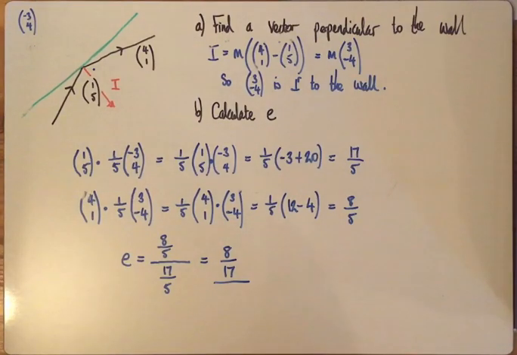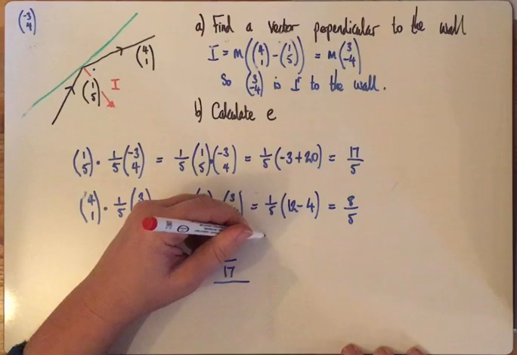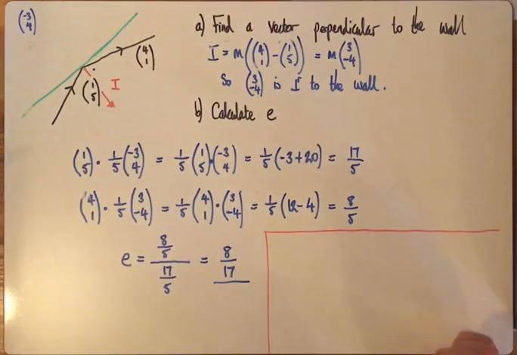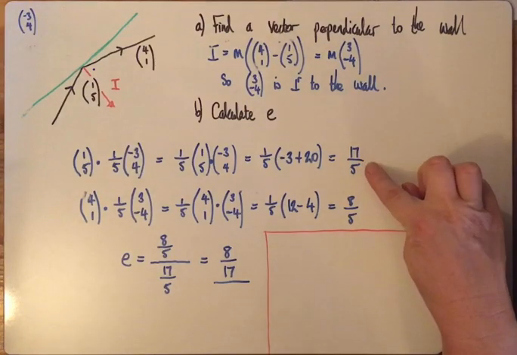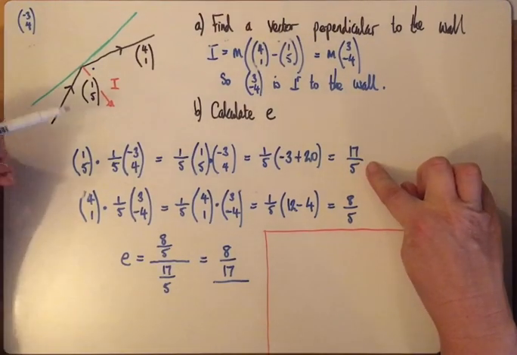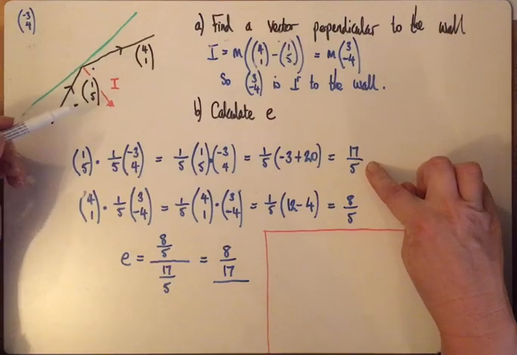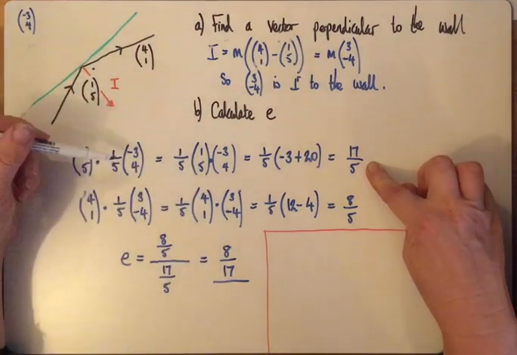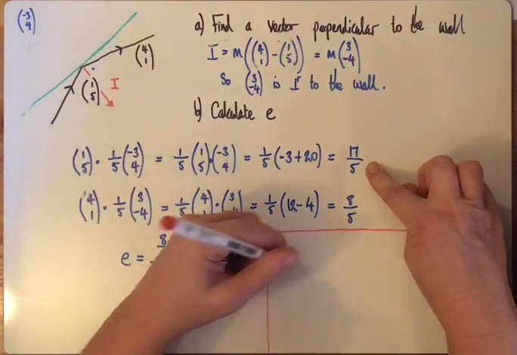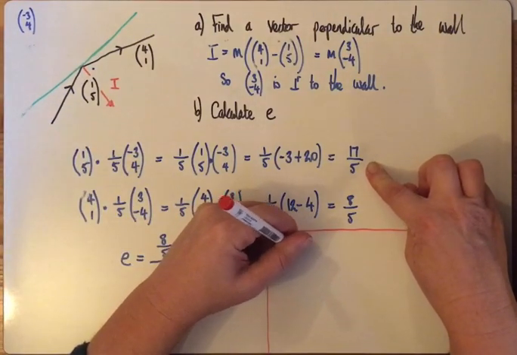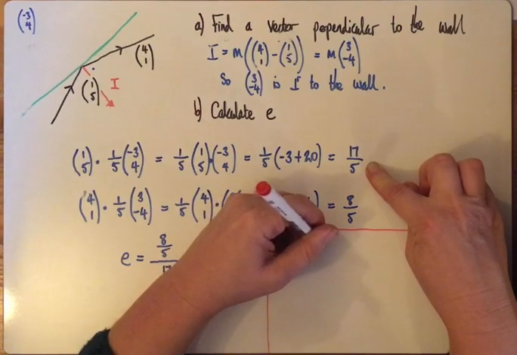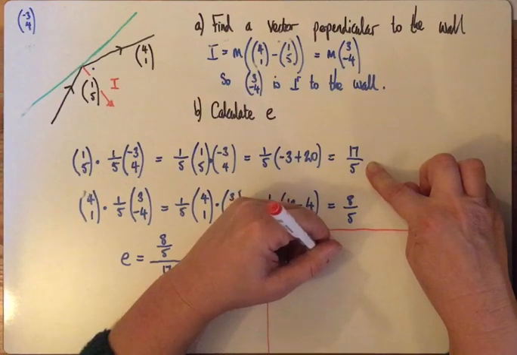The only other thing I wouldn't mind adding on there is if you want to find a vector of magnitude 17/5 travelling in this direction here, in the direction of -3,4, then you have to do 17/5 times by that unit vector.